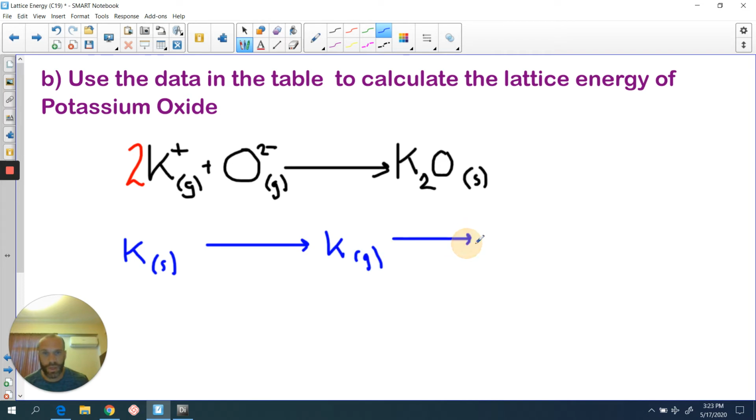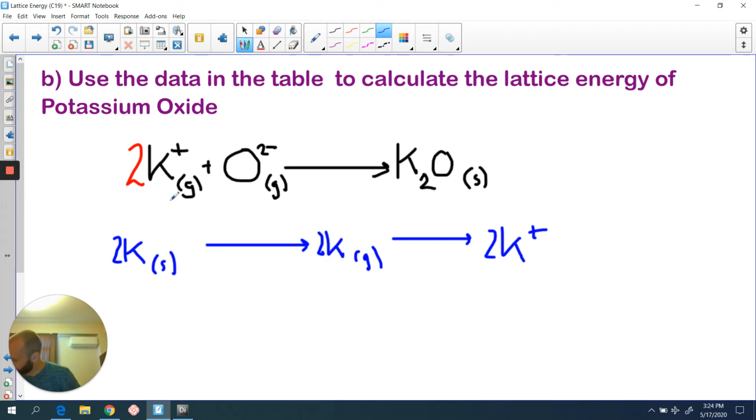And then you're going to need to ionize that as well. So there are 2 energy changes we're thinking about here. Obviously you're going to have to do these processes times 2, because we're forming 2 ions here. So I could put 2 in front of this, and that'll help me remember that each time I've got an energy value, I'm going to have to double that value.